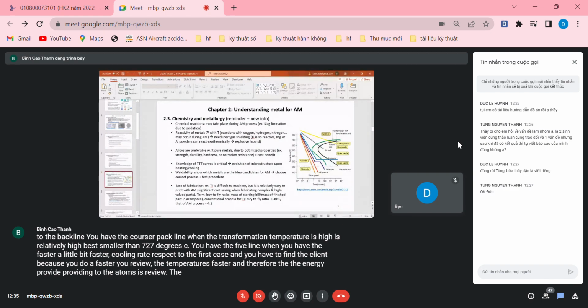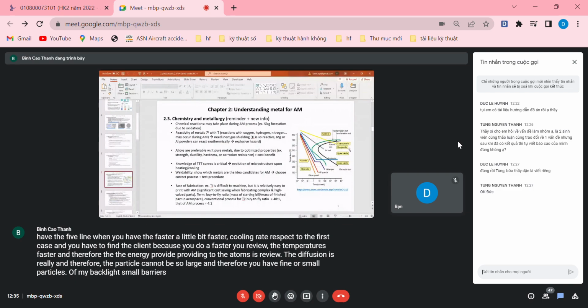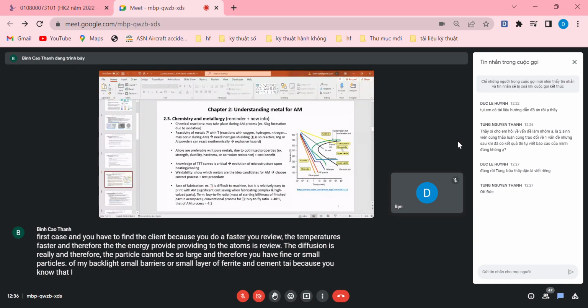The diffusion is reduced, and therefore the particles cannot be so large, and therefore you have fine, small particles, or fine pearlite, small layers of ferrite and cementite, because you know that pearlite is the compound of ferrite and cementite.